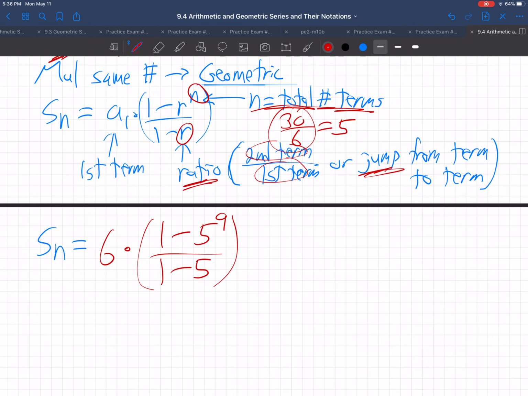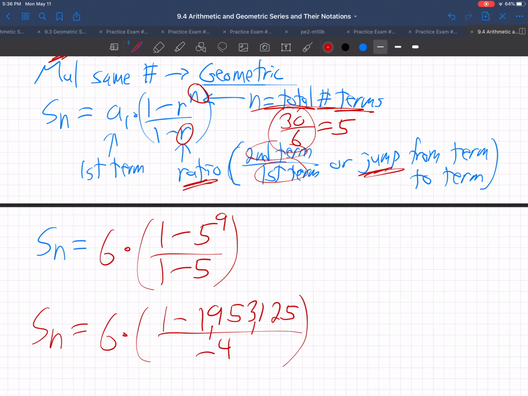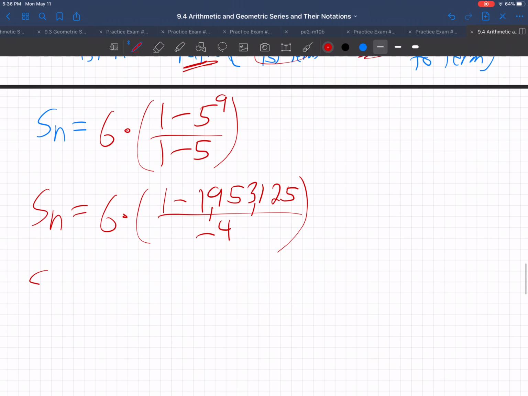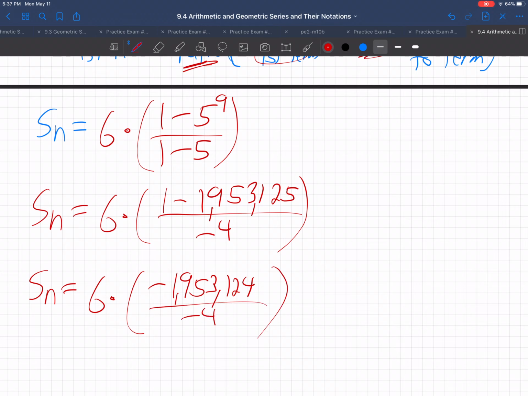So there's our formula. So S sub n is 6 times, and then use your calculator, 5 to the 9. That's going to be big. I'm getting 1,953,125, so that's that, over negative 4, 1 minus 5 in the bottom. So that's 6 times 1 minus 1,953,125, which is negative 1,953,124, over negative 4.